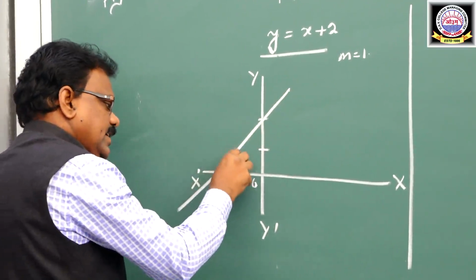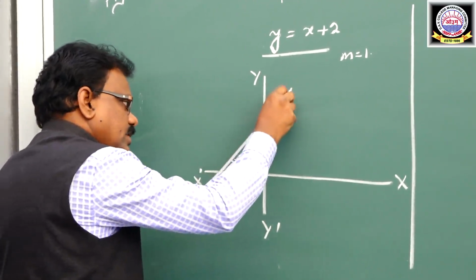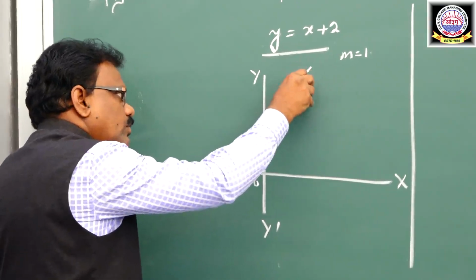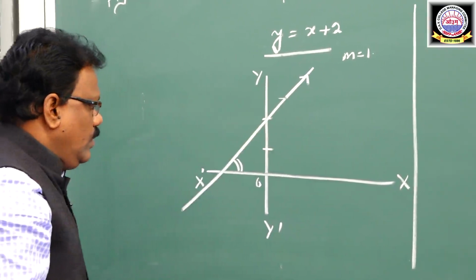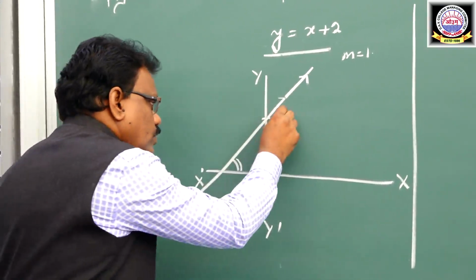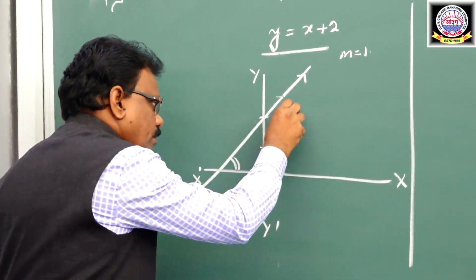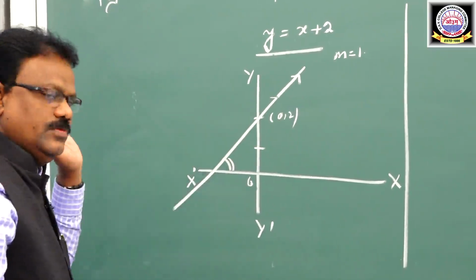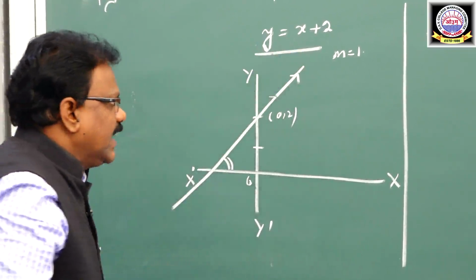So, let this angle be 45 degree. So, this is the graph of y is equal to x plus 2. Y-intercept 2, here (0, 2) is the point through which the graph is moving.